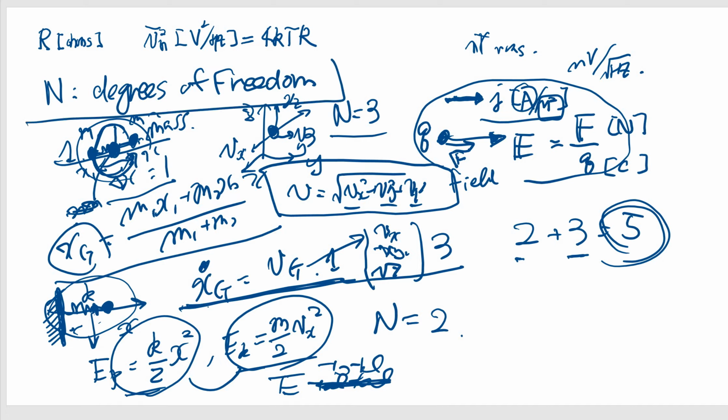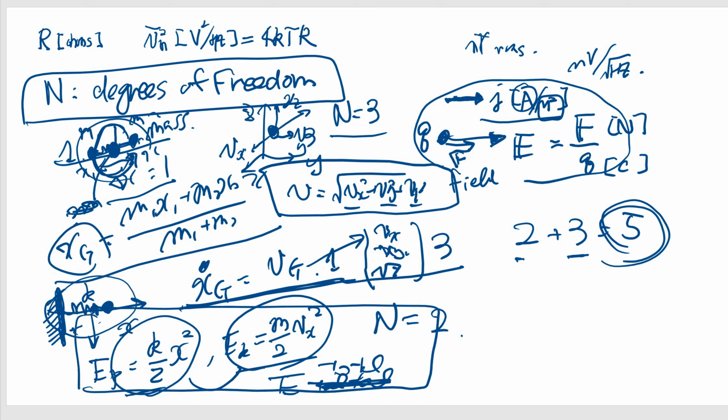This degrees of freedom and energy distribution in one-dimensional oscillation is key to the derivation of 4kTR, Vn squared RMS, volt squared per hertz. Next, I'd like to derive the relationships using these two concepts.